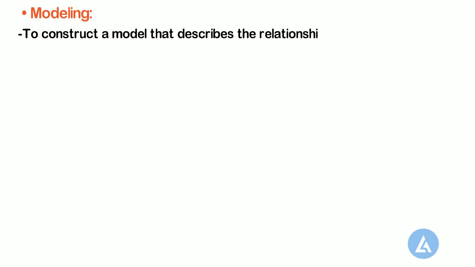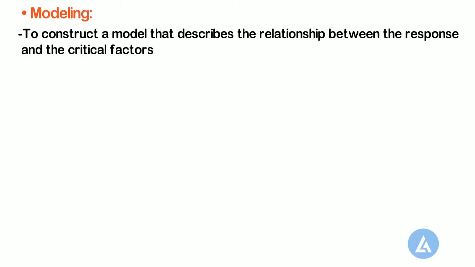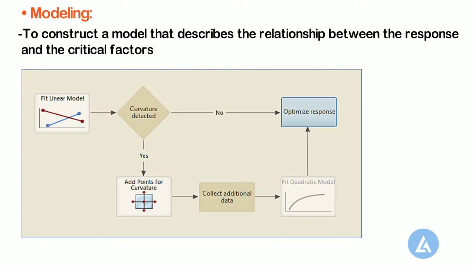Modeling. Use a modeling design to construct a model that describes the relationship between the response and the critical factors. In the modeling design, we can examine the main effects and the interactions for 2 to 5 factors and look for curvature in the continuous factors.